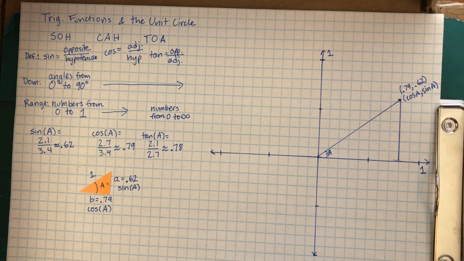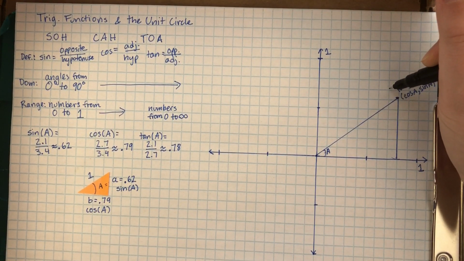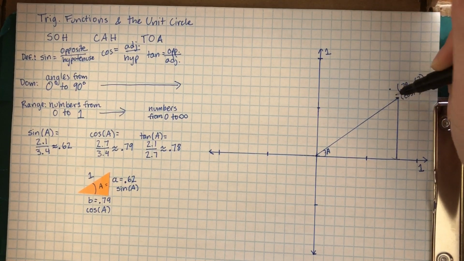Sine of 45 degrees is 0.71, and cosine of 45 degrees is also going to be 0.71, because the 45 degree right triangle is isosceles. The two sides are the same. So 0.71, 0.71, that's right here.